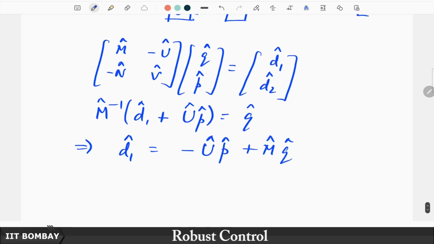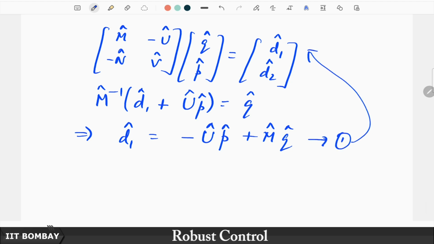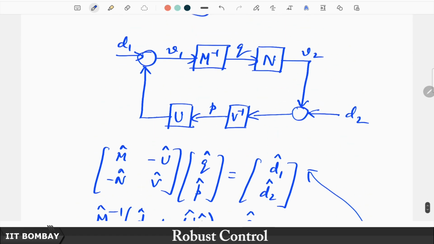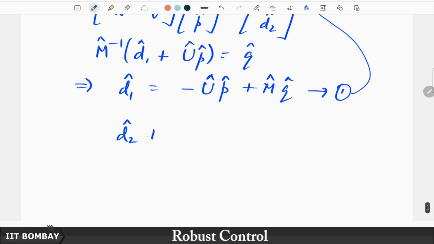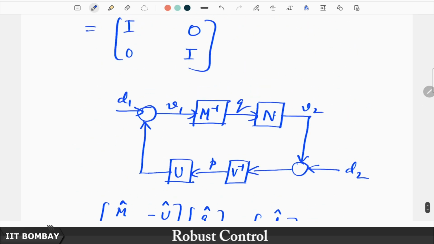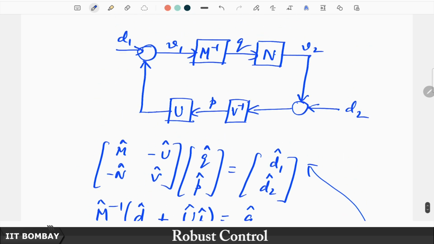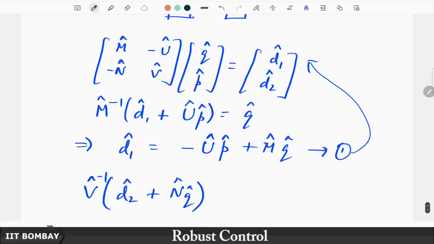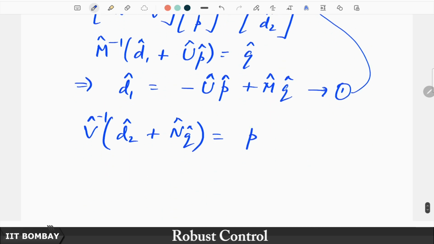Similarly, for the second equation also you can see that. You take D2 hat and added with it you get N times Q, because after all V2 is nothing but N hat times Q hat, that is V2 hat, and that whole thing when hit by V hat inverse gives you P. So, you hit it with V hat on both sides from the left, and what you end up getting is D2 hat is equal to minus N hat Q hat plus V hat P hat.